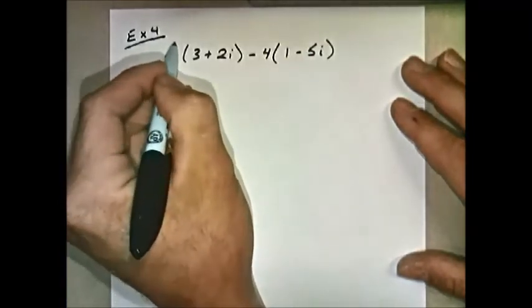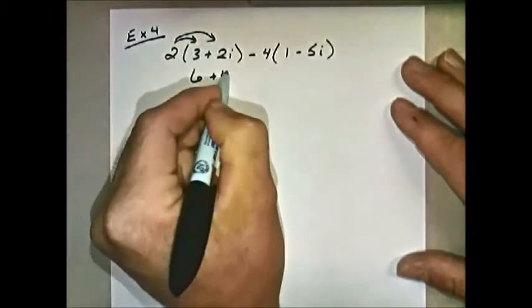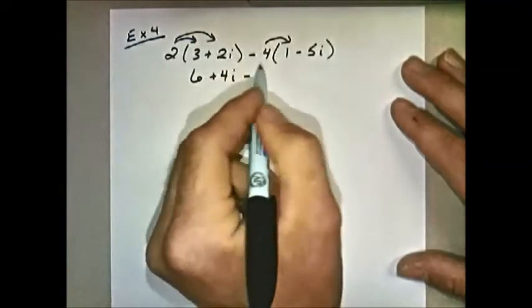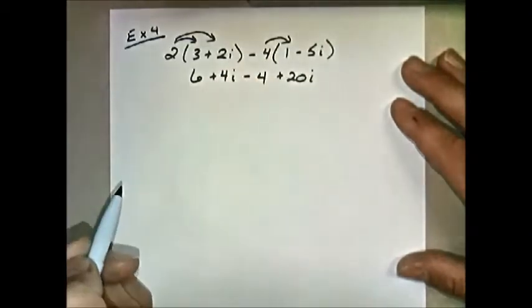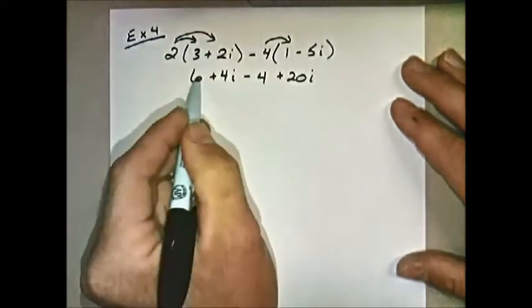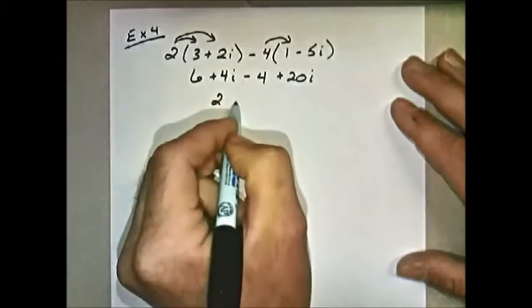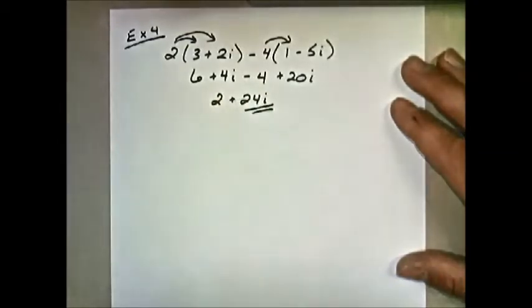Here we're going to multiply the 2 through. So we have 6 plus 4i. Multiplying the negative 4 through, we get negative 4 plus 20i. Combine like terms, 6 minus 4 gives us 2. 4i plus 20i gives us 24i. And there's our final answer.